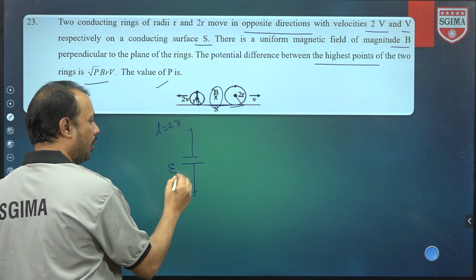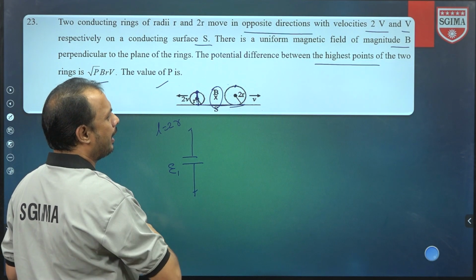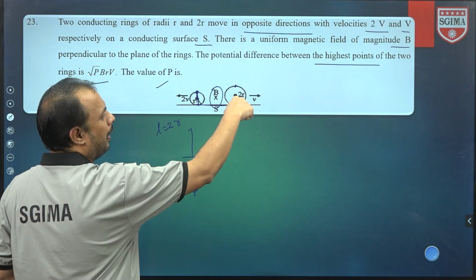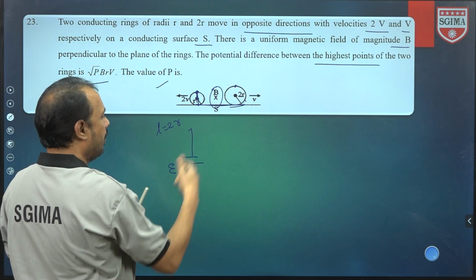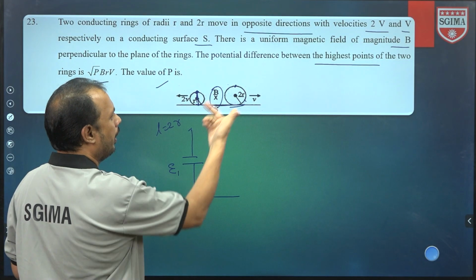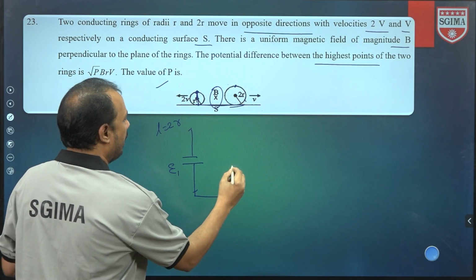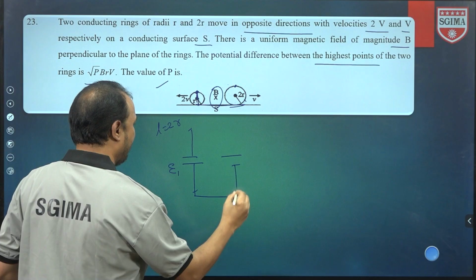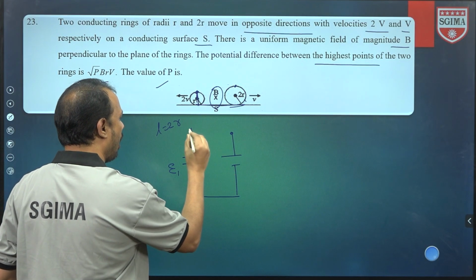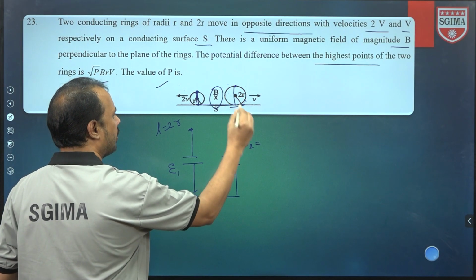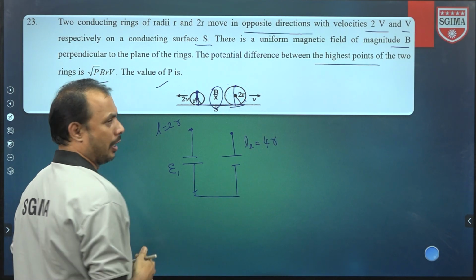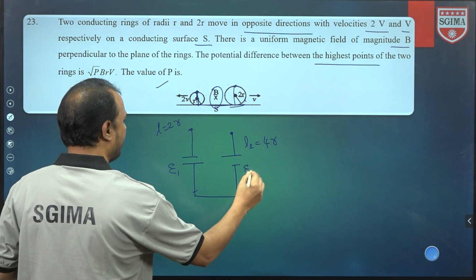So EMF induced is E1. Second ring, magnetic field into the plane, moving right side and should be current upward, then high potential also is going to be upward. Then you can replace with battery the two topmost points. Length 2r plus 2r, which is 4r. EMF it is E2.